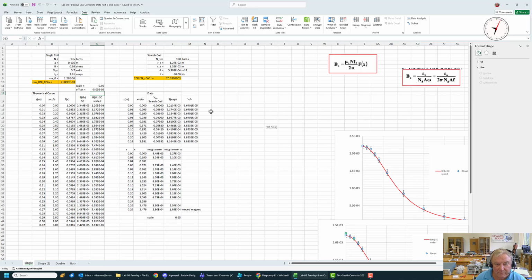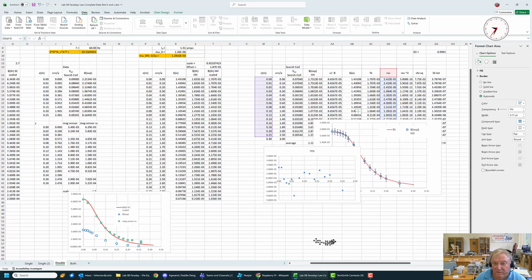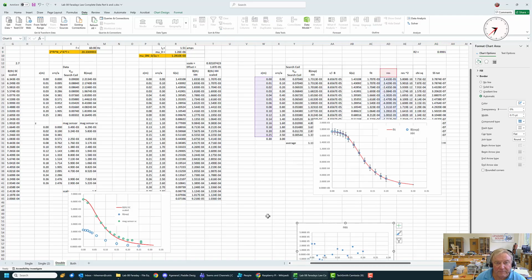Okay. And I scaled it to reticles. Oh, and the offset's not involved. Interesting. Okay. I did this fit with the double, this data here. And it came out quite nicely.